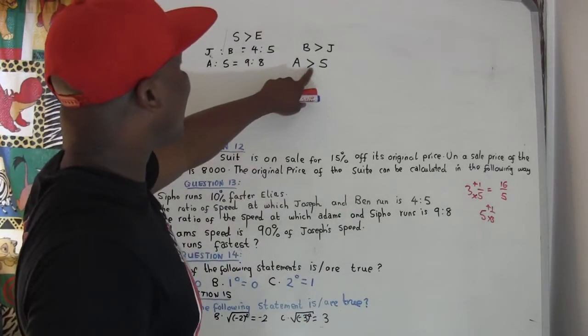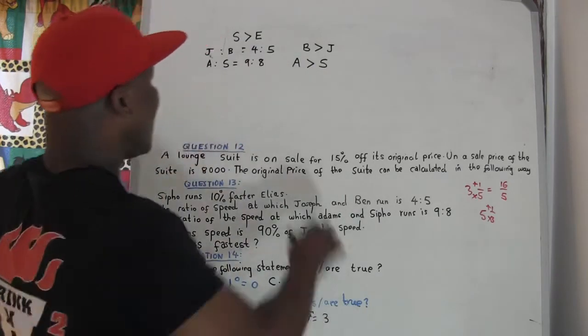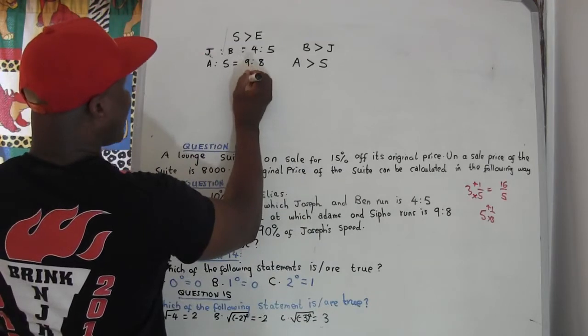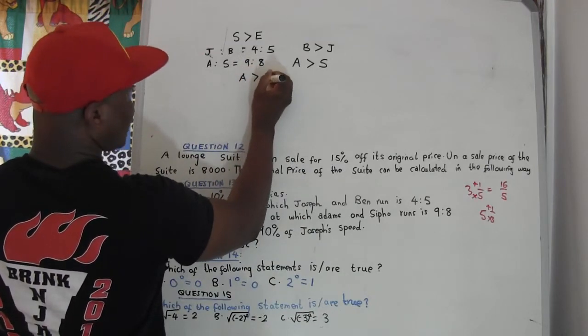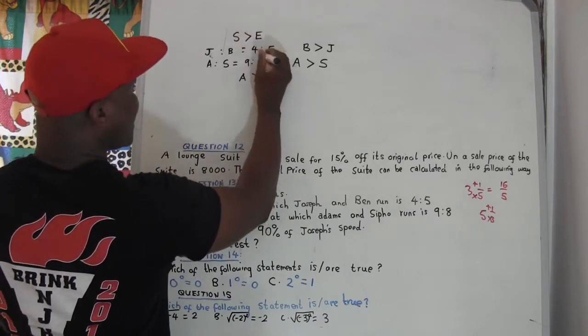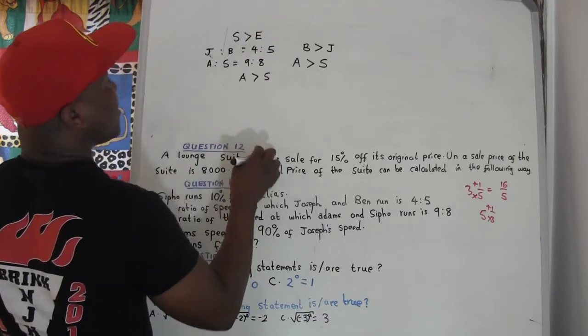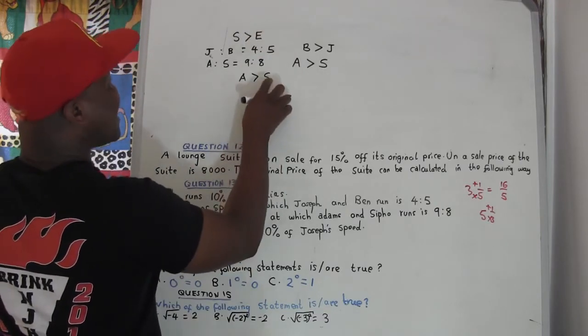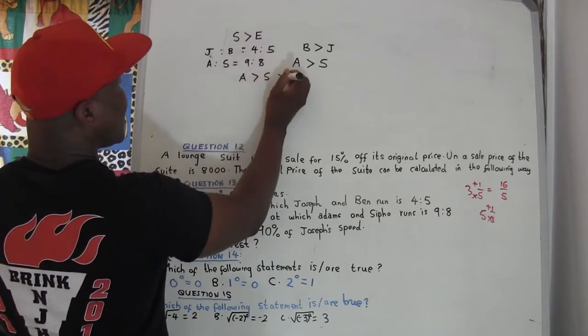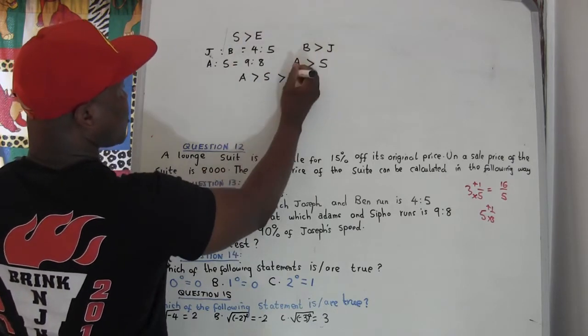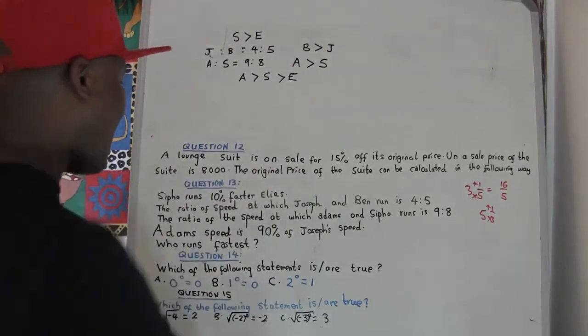Adam has more speed than SIPO, and SIPO is more speed than Elias. So we're going to count for these two here. Now we go for the last one.